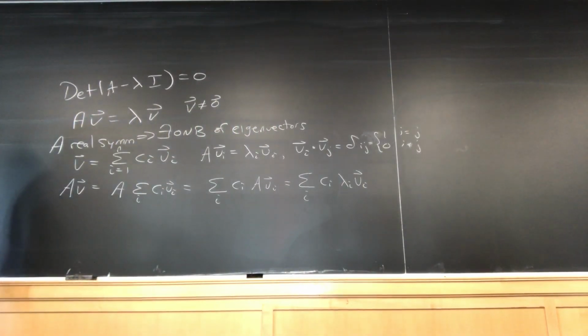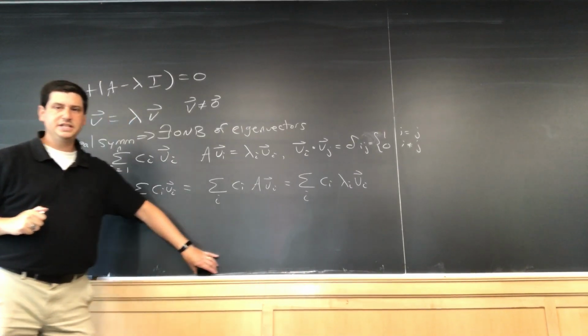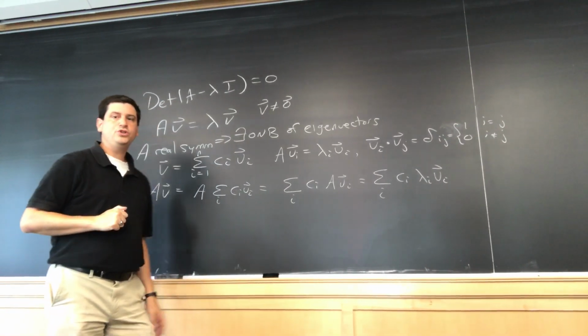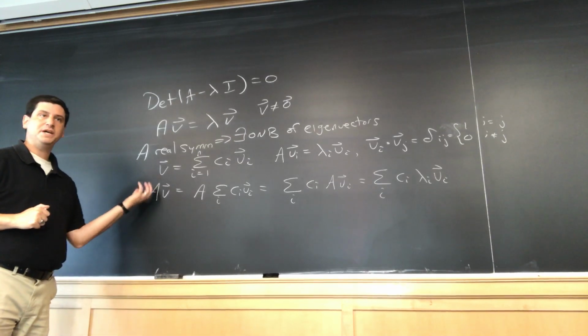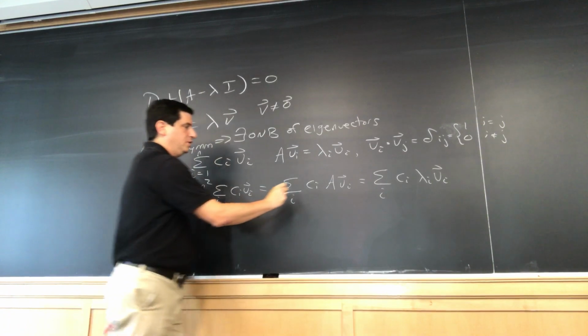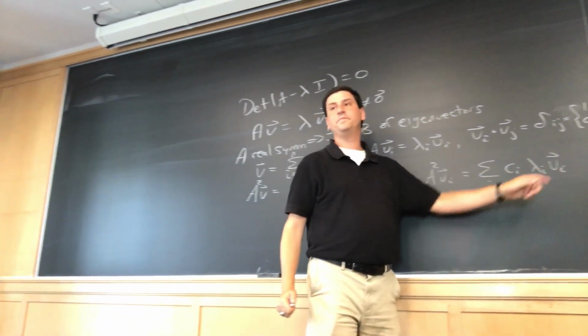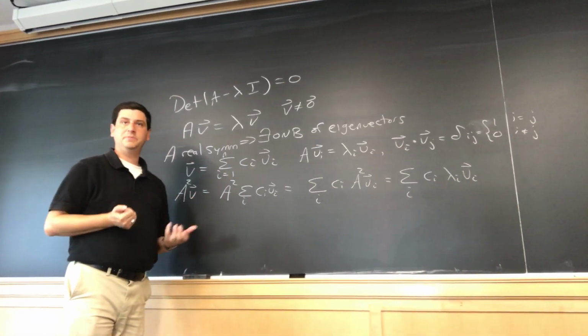And now the way that this becomes tremendously useful for us is that we could do this multiple times. If I applied the matrix twice, if I had A squared, and I just go through the calculation, I would have A squared of vi. Well, the first A hitting vi gives us lambda i vi.